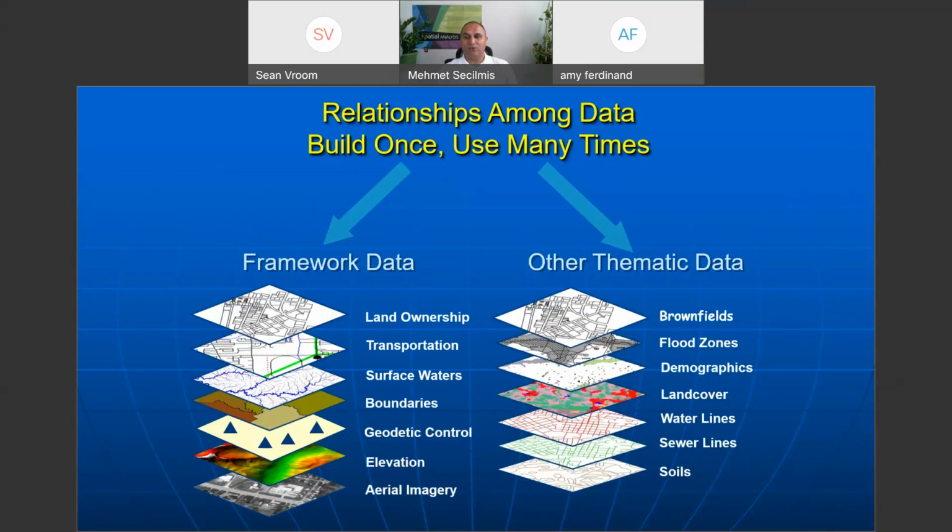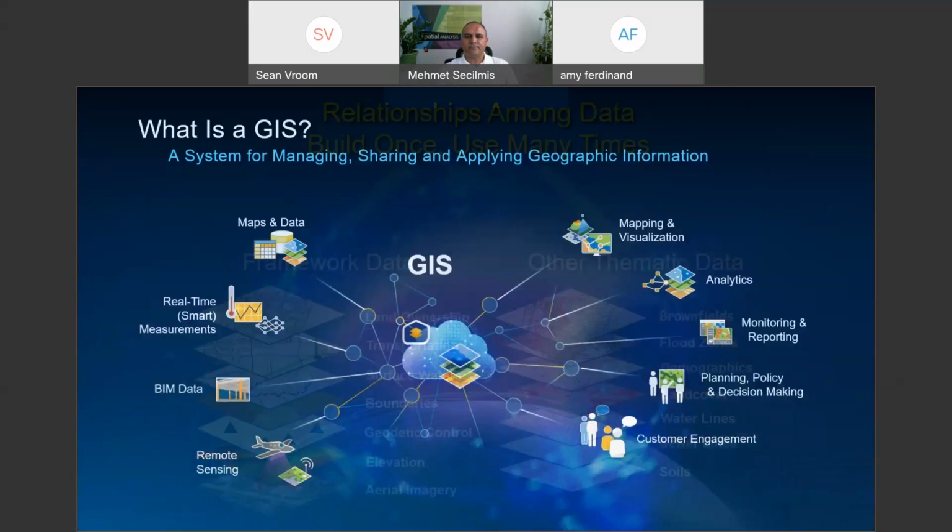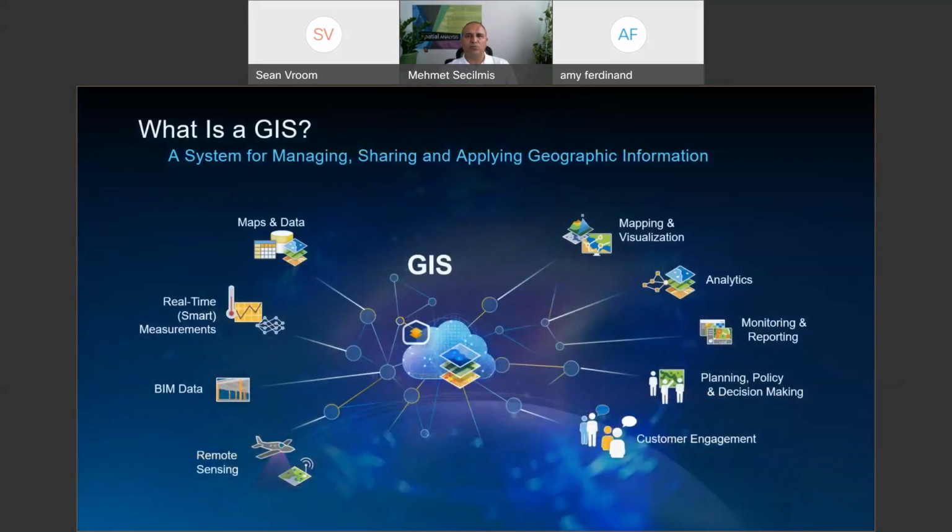Imagine a city or a municipality with so many different layers. In order to do a good assessment, you will need to review certain layers and information. Brownfields could be one of those, but when you review brownfields, you look at other GIS layers and other information for better analysis.